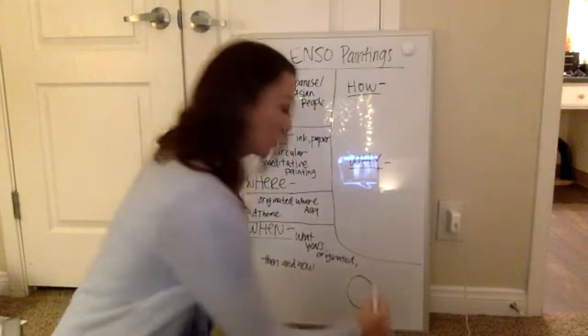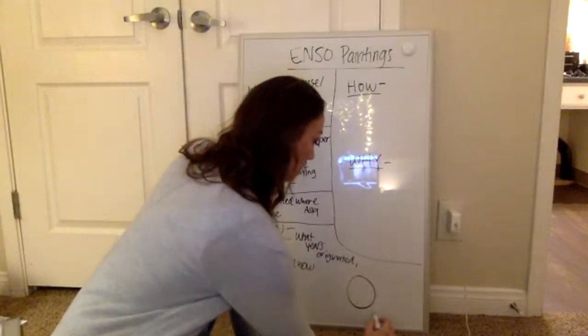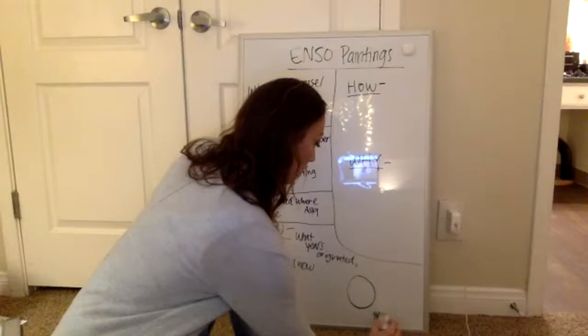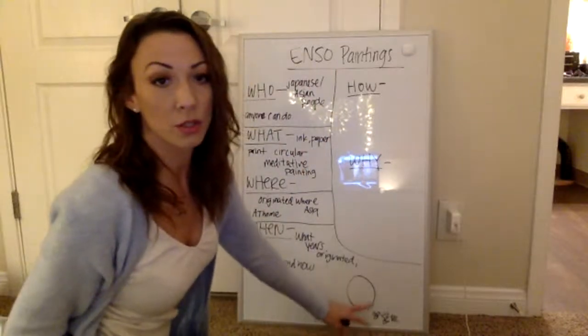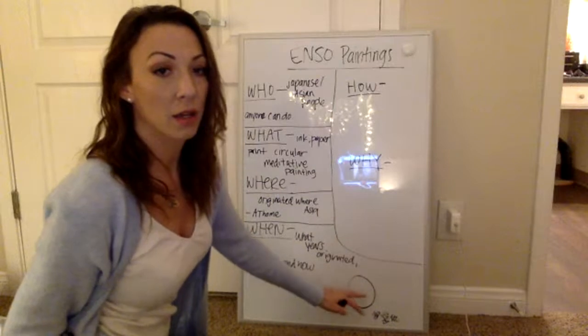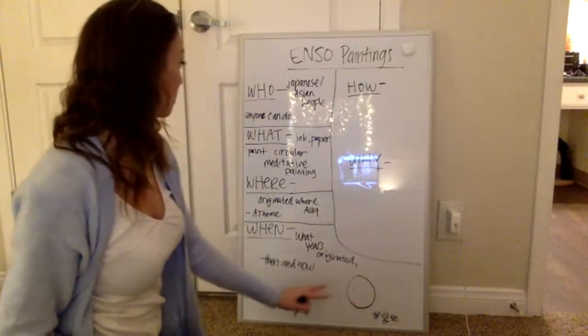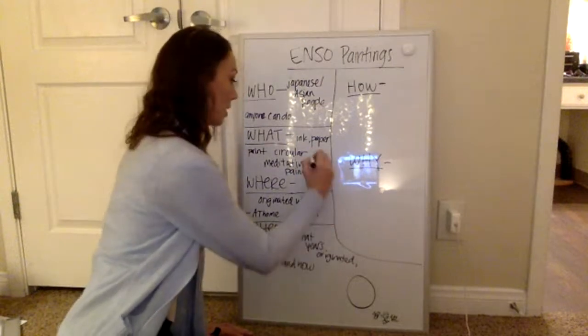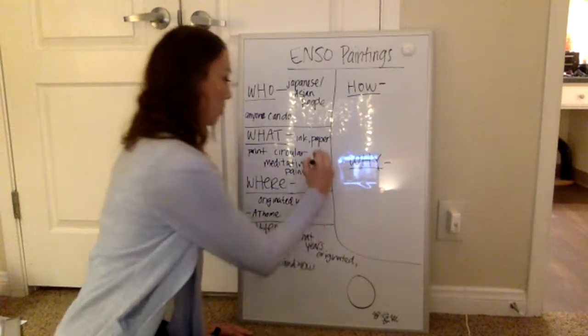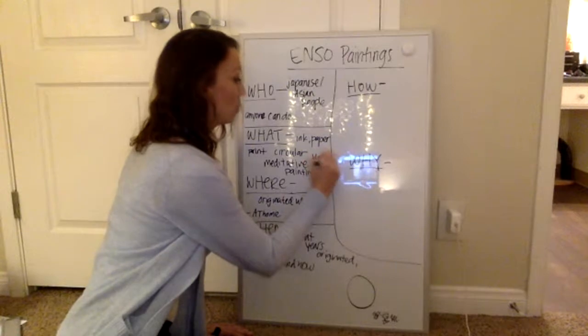Then down here, it'll have some characters, stuff like that. It's really simple. The circle is usually black. I can put the color of the ink up here in the what: black, usually.